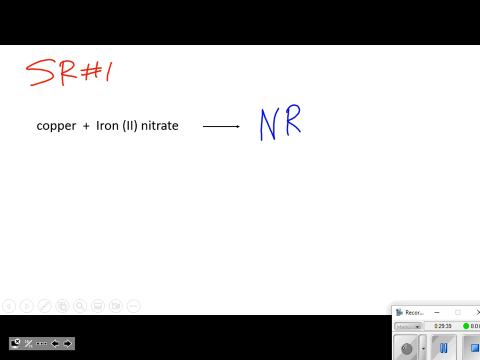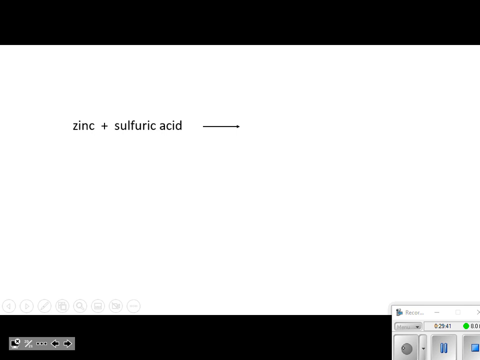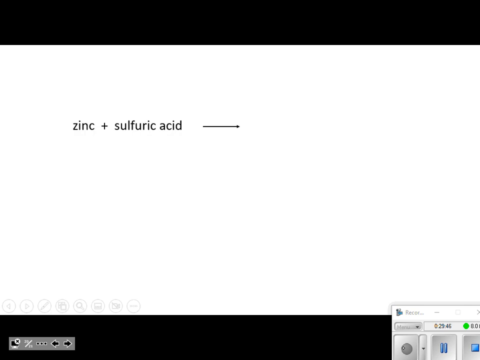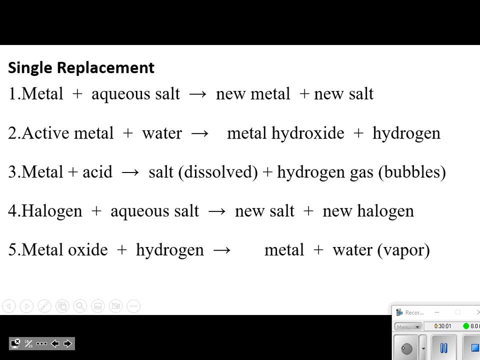Okay, back onto this. We got one more here to do. Zinc and sulfuric acid. Once again, in your mind, you should have a little bell ringing saying, hey, one of my reactions is dealing with an acid. Oh, here it is, number 3, a metal and an acid.